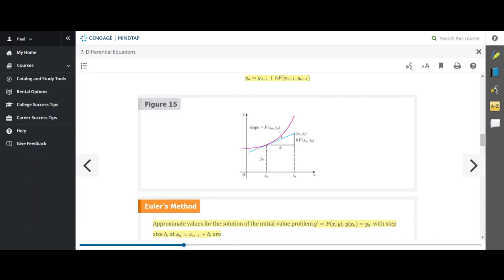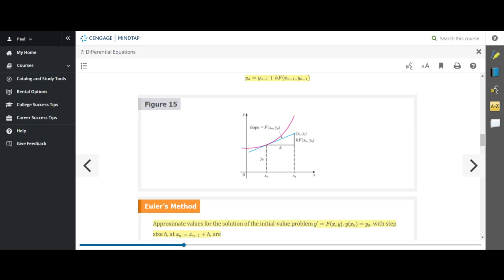And the value of that tangent line at x1 would be y1. That y1 would be an approximation to the solution, the red solution there. Now it's off a bit, right? Because we're moving away from the initial point. But that's the idea behind Euler's method.